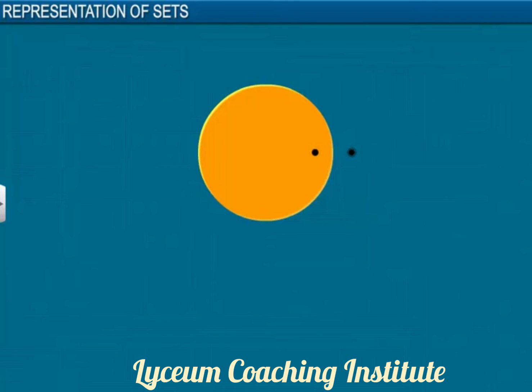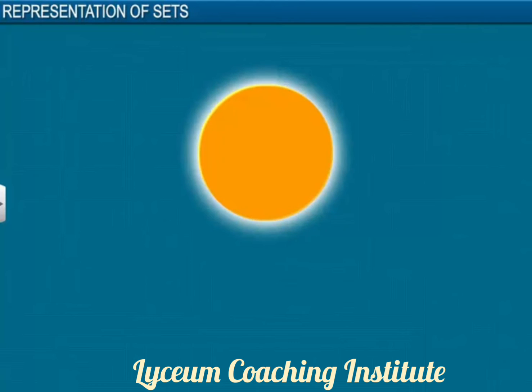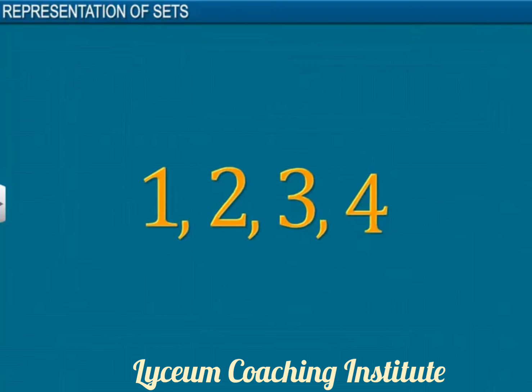Here, we can say that the circle is a well-defined set of points on a plane. Another example of a well-defined collection is natural numbers less than 5. This collection of natural numbers is well-defined, as we can definitely decide whether a given particular number belongs to this collection or not.